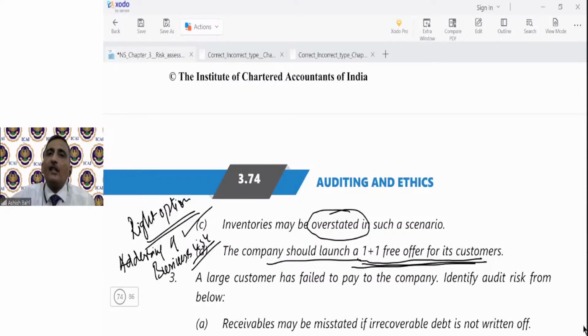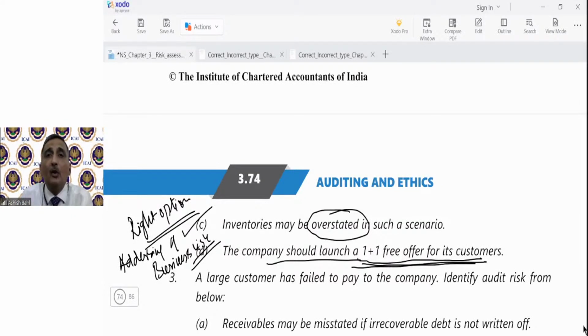Normally we value stocks at cost or market price, whichever is less. Normally cost is less and market price is more. But in such a situation, there can be a case when market price is less and cost is more.